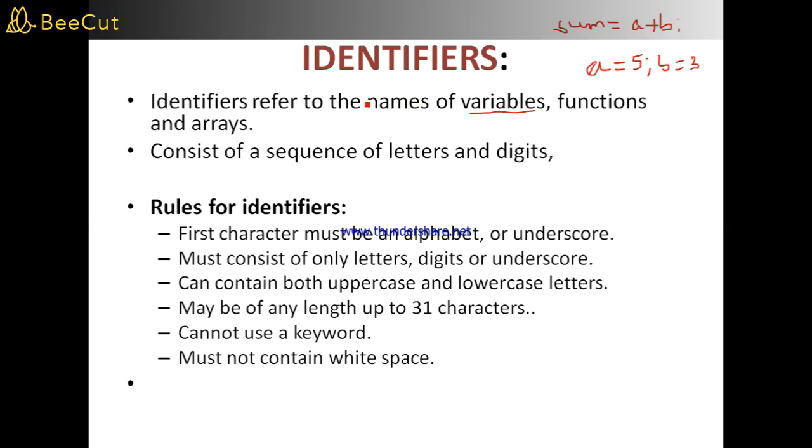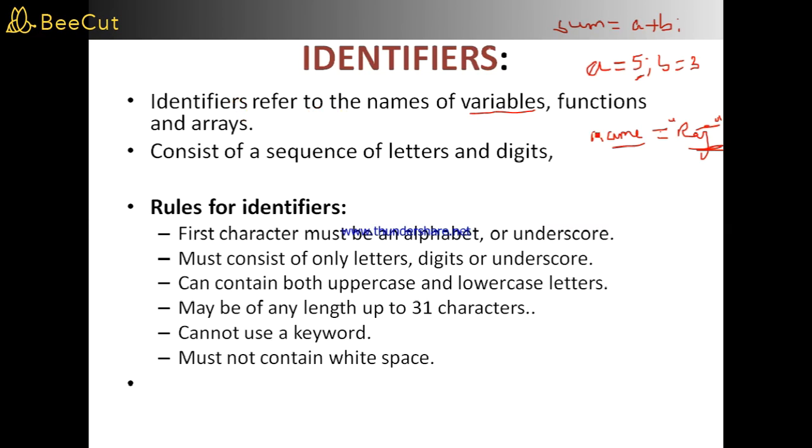In order to refer to a value by name, we need a variable. A variable stores the value in a memory location. For example, let it be name. Name is a variable, and my name is, let it be Raj. This is the value. Name becomes the variable, and Raj becomes the value. So identifiers refer to the names of the variables.